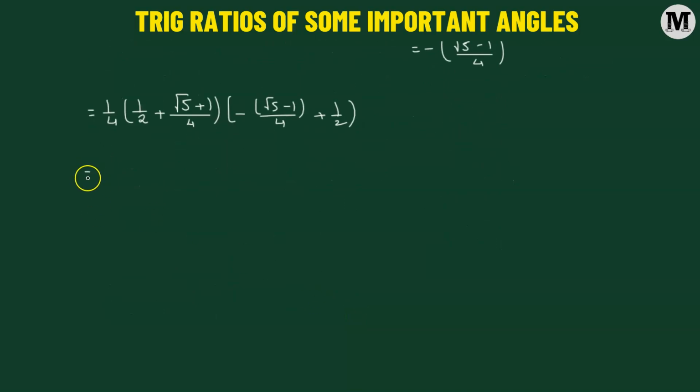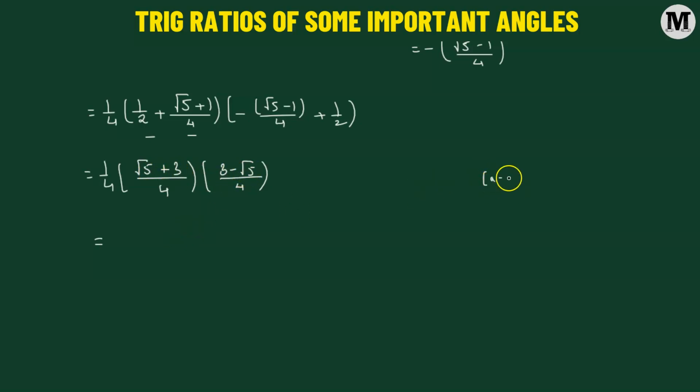Now we have 1 over 4 multiplied by, if we combine the two terms here, square root of 5 plus 3 divided by 4. And if we combine the two terms within the parentheses, we get 3 minus square root of 5 divided by 4, which equals, in the numerator, 3 plus square root of 5 multiplied by 3 minus square root of 5.